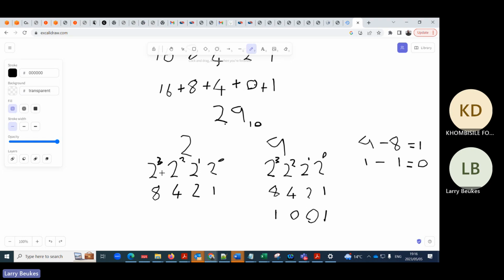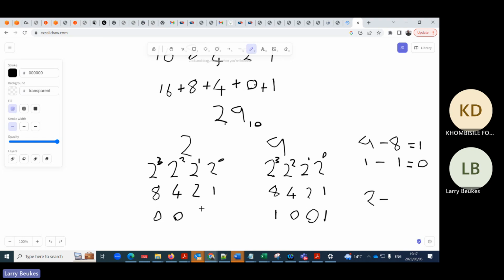Great stuff. So let's go to this side, 2. Do we say 2 minus 8? No, so we put the 0 here because 8 is bigger than 2. Do we say 2 minus 4? No, so we put the 0 here. Do we say 2 minus 2?